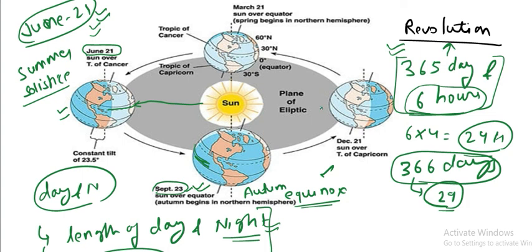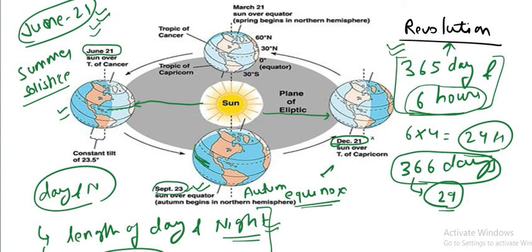Then further the earth will revolve, and on December 21, the sun rays fall vertically on the Tropic of Capricorn, which is in the southern hemisphere.